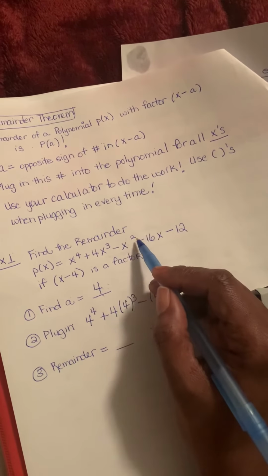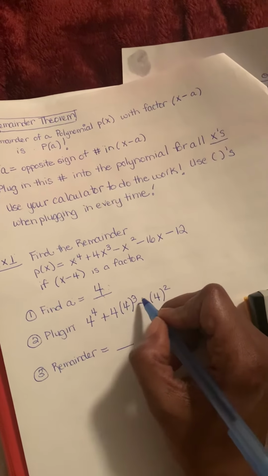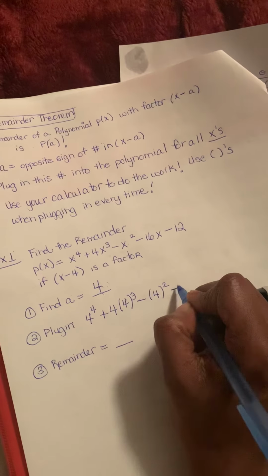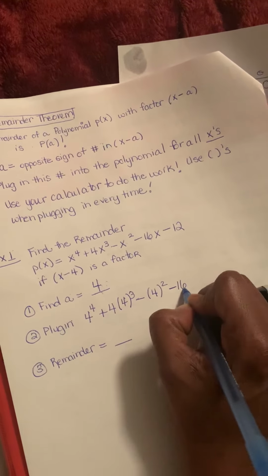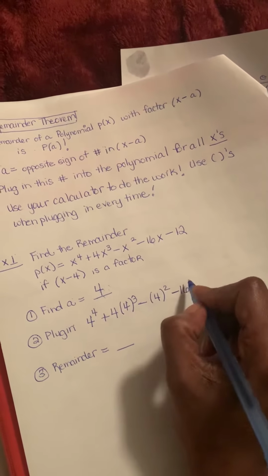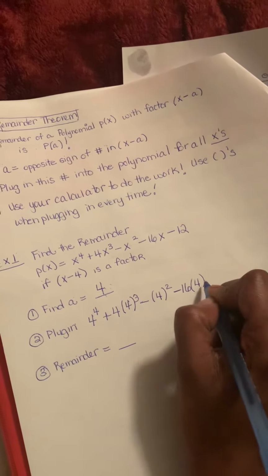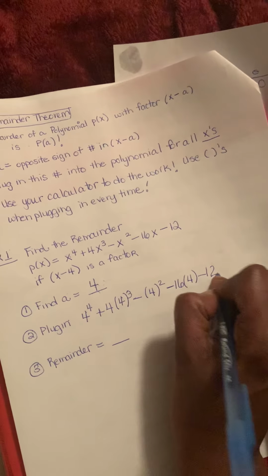And that x has a square on it, so I'll put a square on this. Notice the exponents are on the outside of the parentheses. Then I see minus. There's a number 16, so I keep that number. And then there's an x. x's turn into 4s in parentheses every time. And then minus, and then 12.